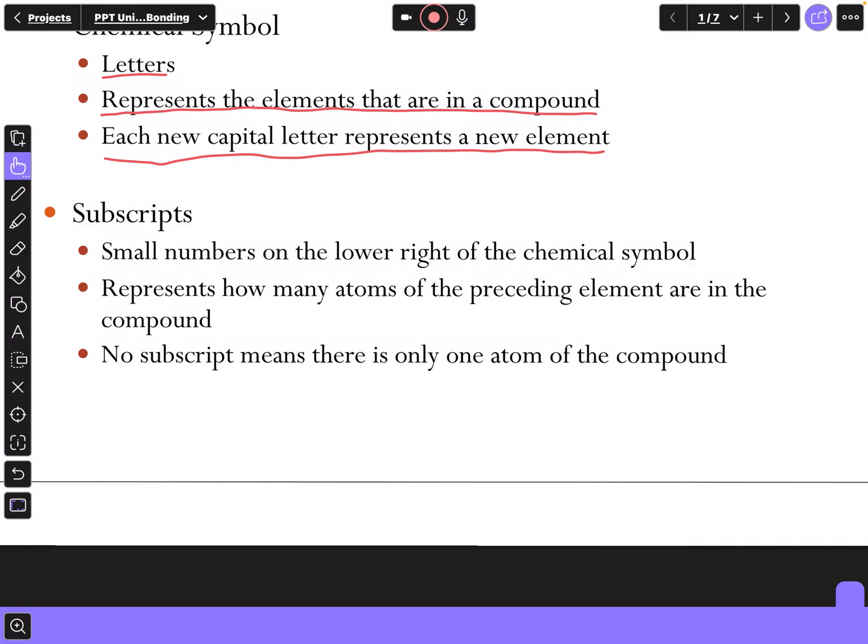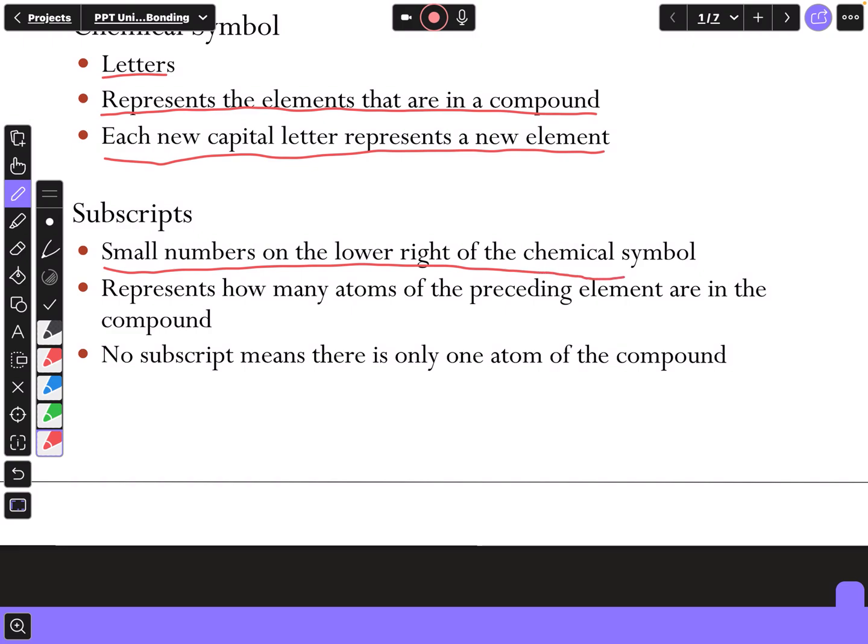Now, subscripts, those are small numbers on the lower right of the chemical symbol. If we look at an example like CO2, these subscripts are written to tell the number of atoms.